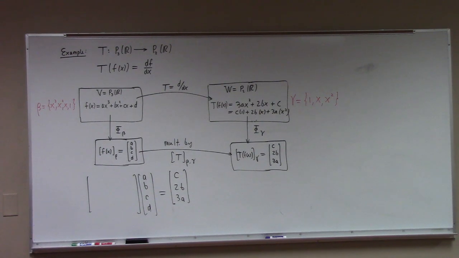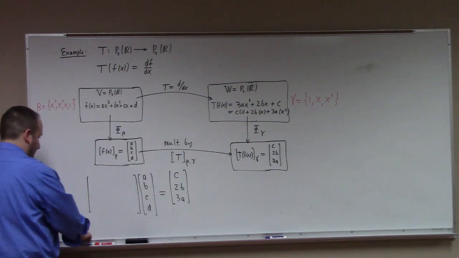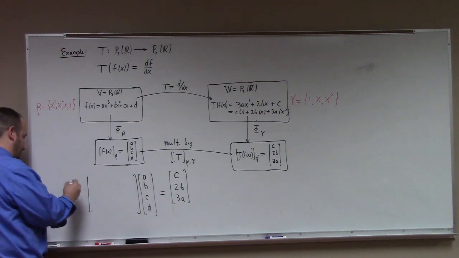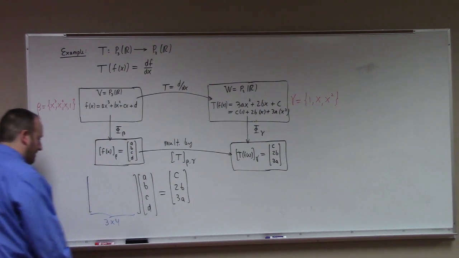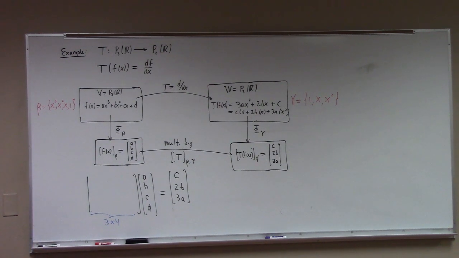So what do we get then? What's this matrix? It's a 3 by 4 matrix, right? What's the first row? How do I get c?